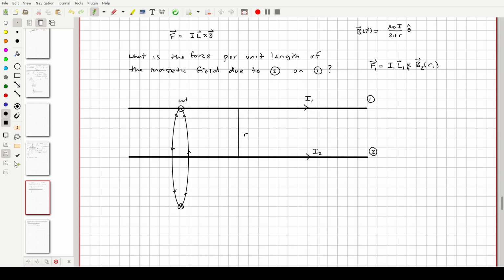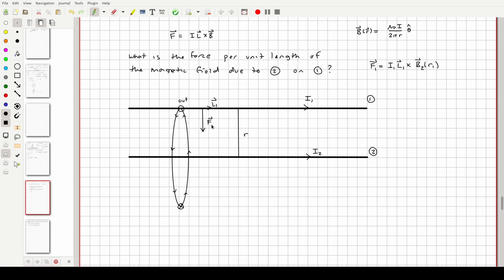If you were to put your fingers in the direction of I1, so this right here is in the direction of L1, and then close them towards B coming out, so fingers in the direction of L1, close them towards B, what you have is a force that's down like this, towards 2. Oops, that's F1, sorry about that.